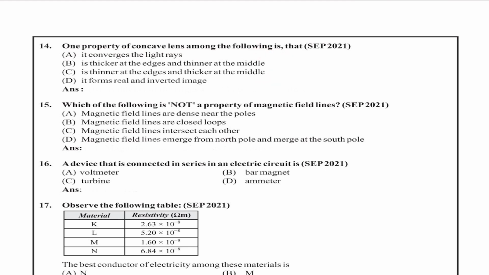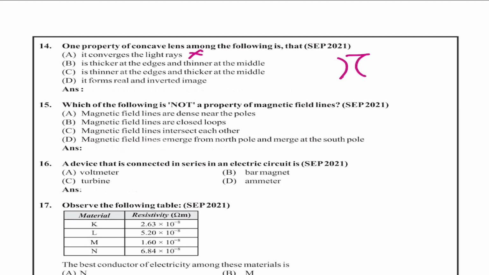So we have to check which is the property of the concave lens. We should be very careful. It is not the mirror. For a concave lens, we have two cases of ray diagrams and we very well know that it diverges the light rays. Hence, saying it converges the light rays is a wrong option.